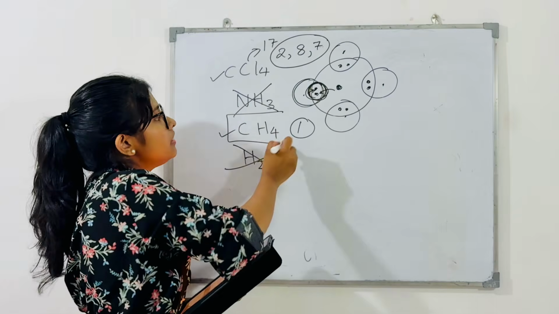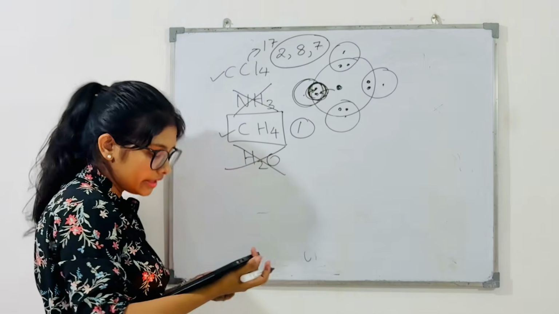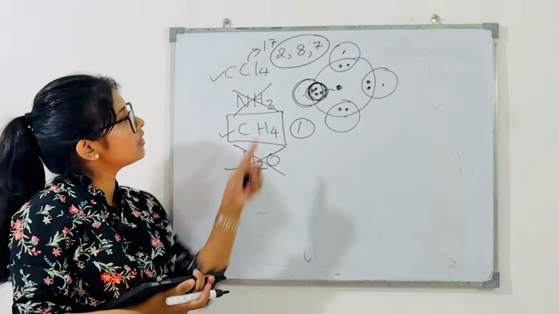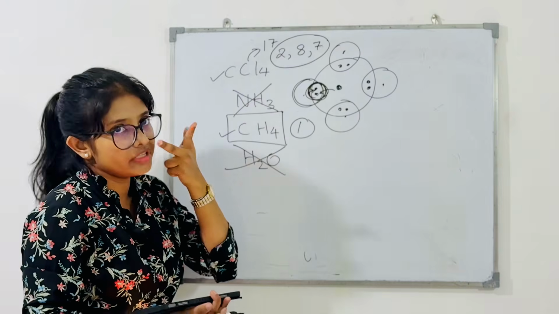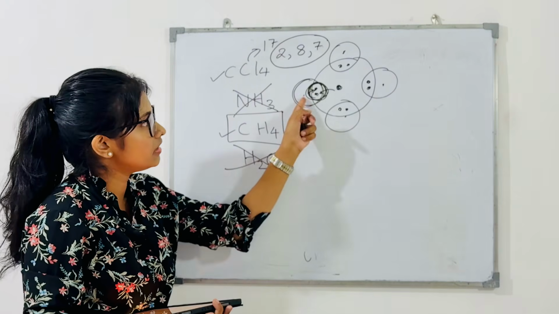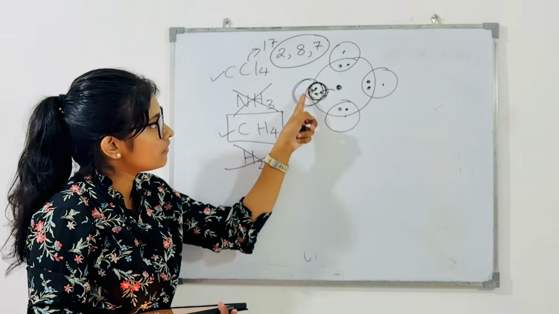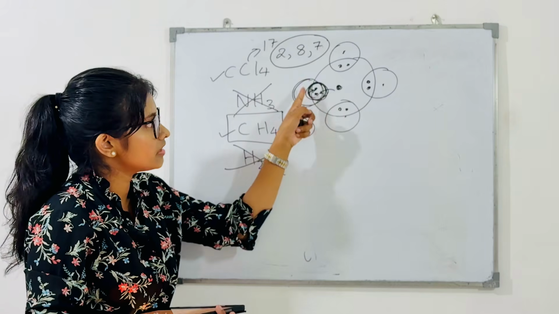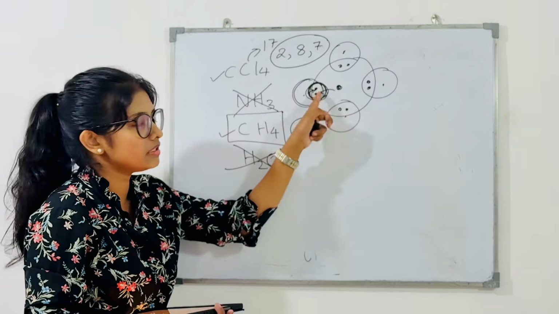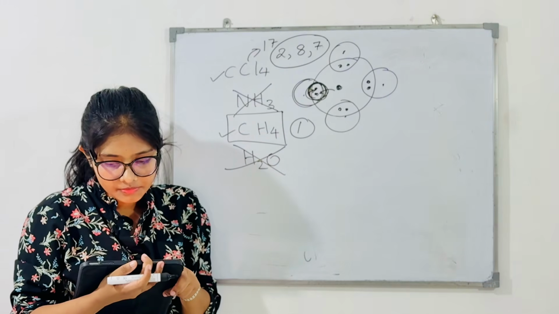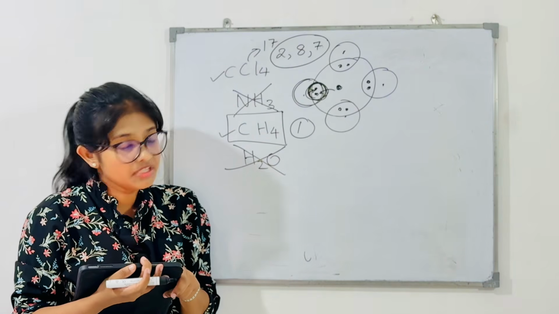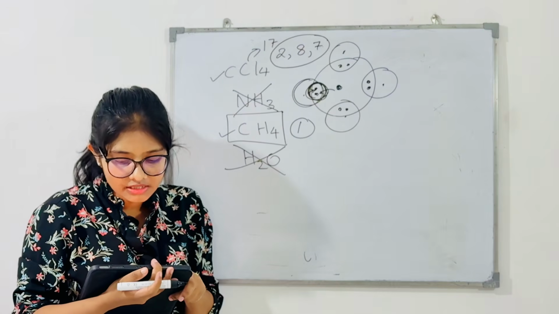Then it should be CH4, right? If it's chlorine, there should be other electrons around them as well. But here there are only 2 electrons. One is given to the bond by hydrogen and the other from the carbon. Okay, the answer should be methane, the third one. Now the 29th one.